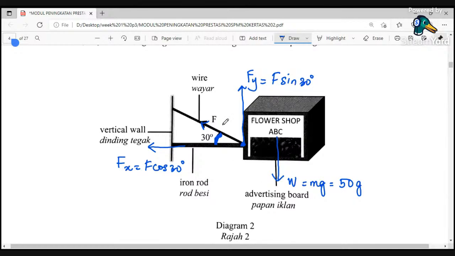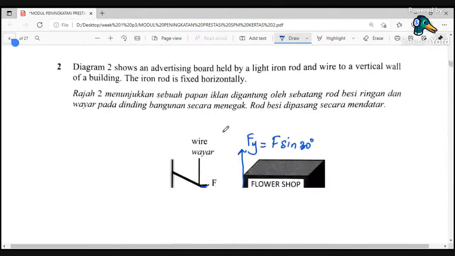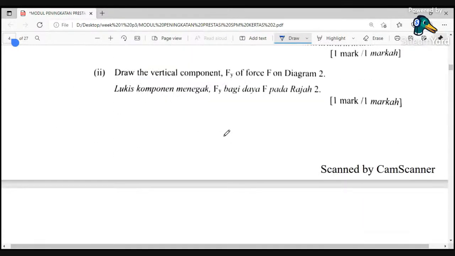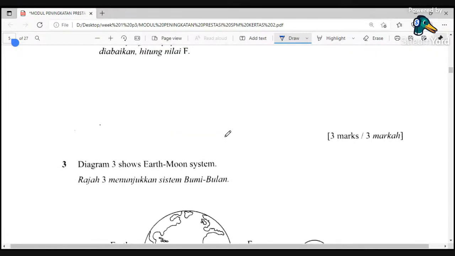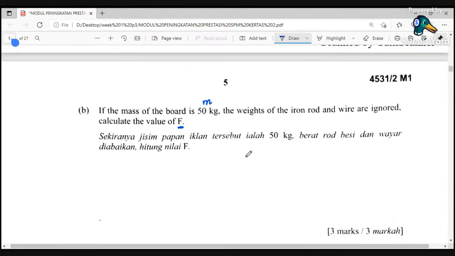So in this case mentioned in the questions, can look at the list of formula. What is the value of G given? 9.81 meter second negative 2. Thus, this is the box or the advertising board.